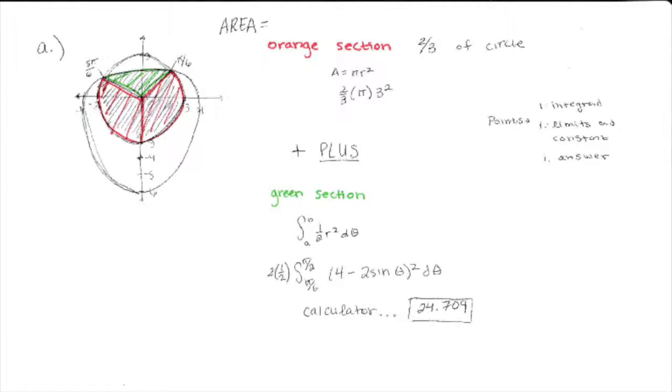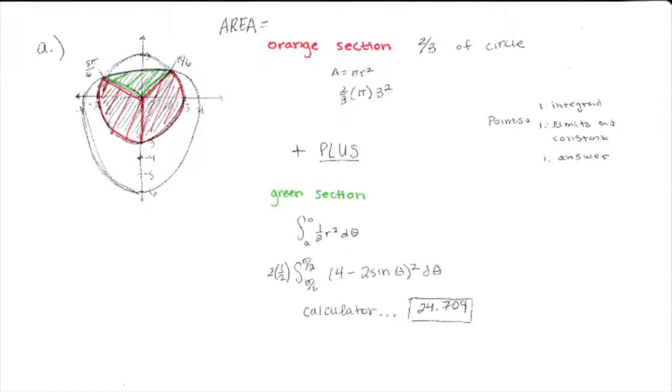And so to find the orange section, it's only 2/3 of the circle. So if you want, you can just use the area equals pi r squared. So then you have 2/3 of the circle, pi times the radius, which is 3 because that's from our equation, squared. And so that gives you the orange section.